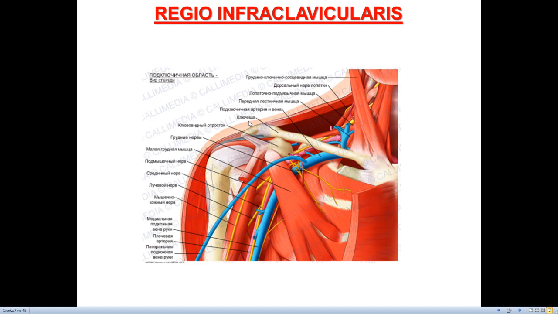During fracture, it usually tends to pull the medial part of the clavicle up.